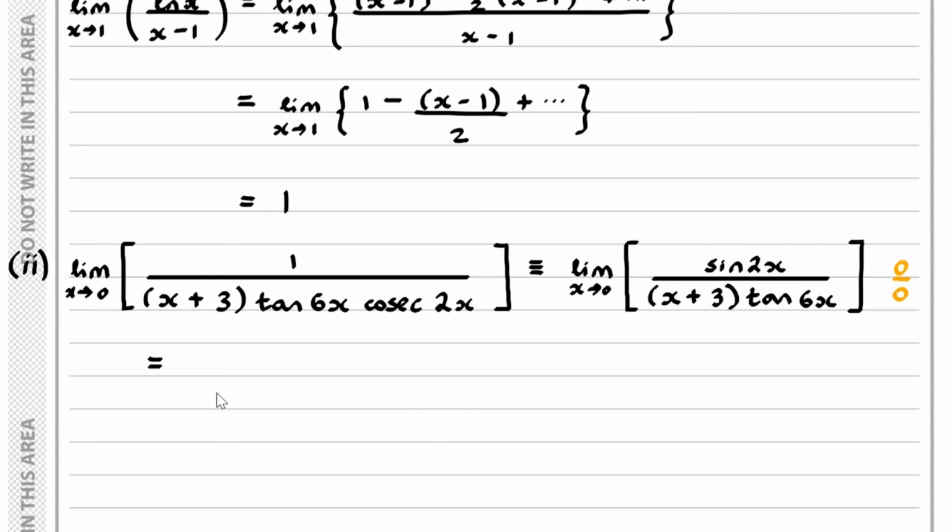Well, if I differentiate the bottom using the product rule, what we end up with, well, I've got 1 times by tan of 6x, which is just tan of 6x, and then I've got the differential of tan of 6x, which is 6 sec squared of 6x multiplied by x plus 3, so that is 6 times by x plus 3 times by sec squared of 6x.